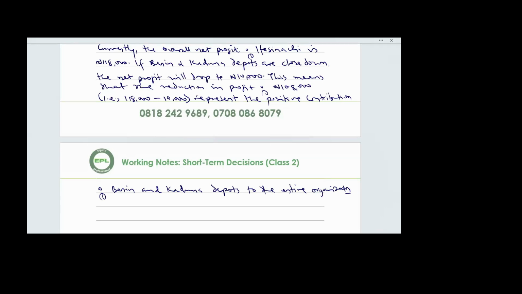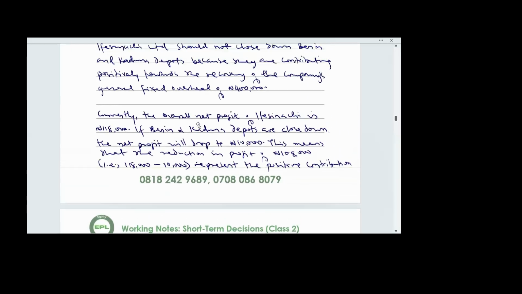That is, open a bracket, 78,000. When you add up 78,000 with the 30,000 contribution of both, that represents the loss or the reduction in profit for the company. So it represents the positive contribution of Benin and Kaduna depots to the entire organization.